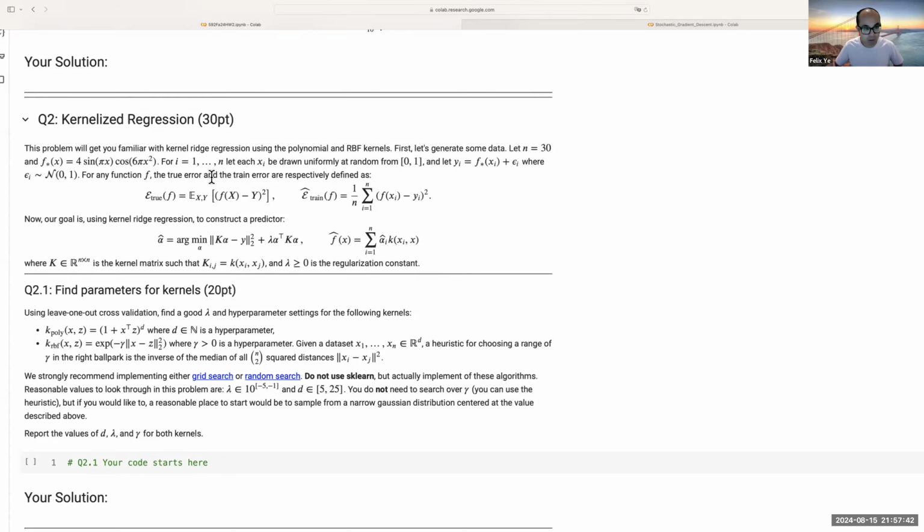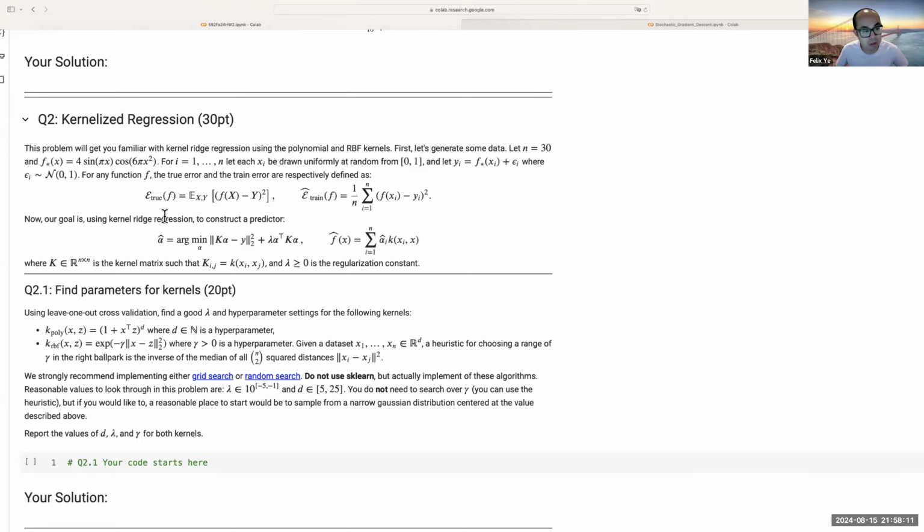Okay, then we are defining the true error and the training error respectively. Obviously we don't usually know the true error, but we are using this training error right here to make some approximations for it.